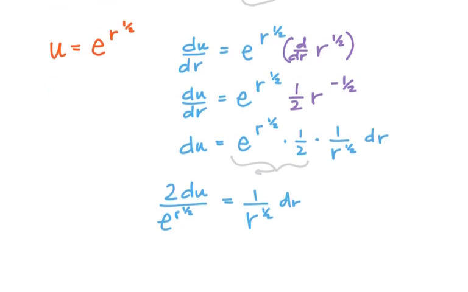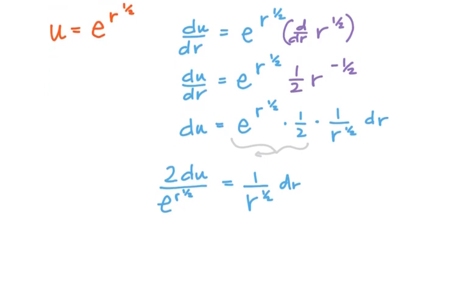All right, so I'm running out of space here. I'm going to rewrite our integral that we were originally dealing with. We were dealing with e to the r to the 1/2 over r to the 1/2 dr. And I see what I've got going on here. I have e to the r to the 1/2, and then my 1 over r to the 1/2 dr. And I know what those are both equal to.